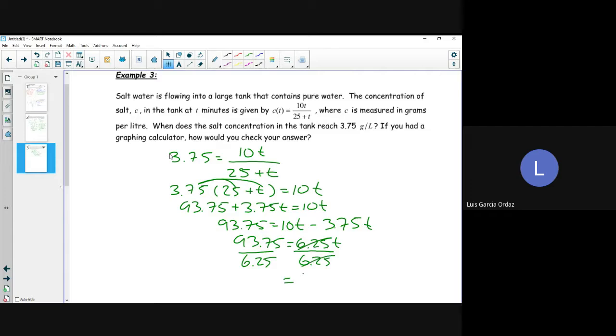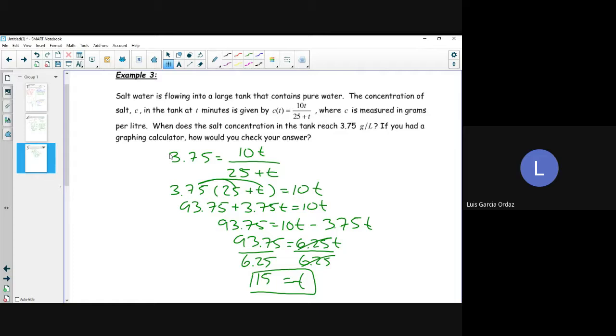And then we get T is equal to 15. The only reason why we didn't bring the constant to the other side of the variables is because we need to determine what T is. That's it. So guys, how would you use your graphing calculator to check?